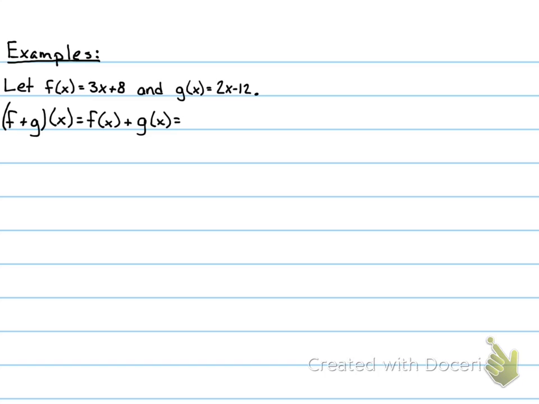So, for example, if we let f of x equal 3x plus 8 and g of x equal 2x minus 12, if we would want to find the operation f plus g of x, I would first personally rewrite it as f of x plus g of x. I would then substitute in our operation.